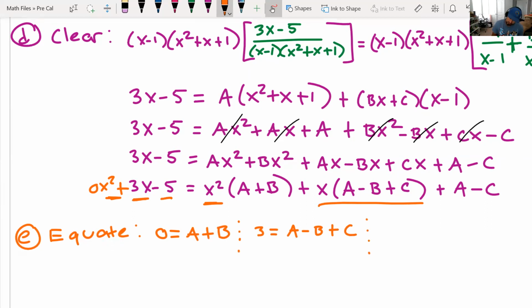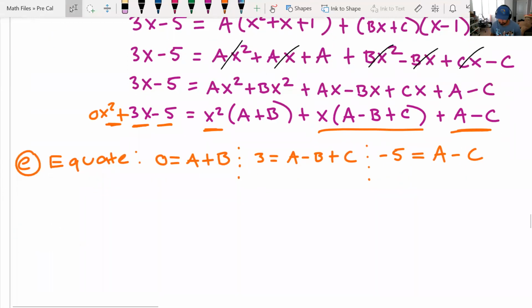And then I have my constant of -5 and my constant of a minus c, so -5 will equal a minus c. Now we have everything equated, and now we have to figure out how to solve for a, b, and c. So here is our system.